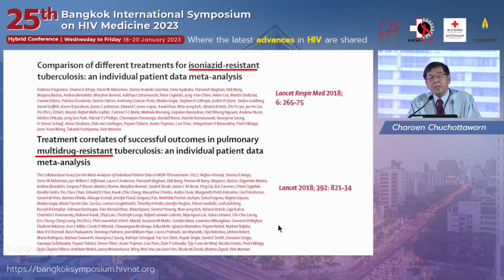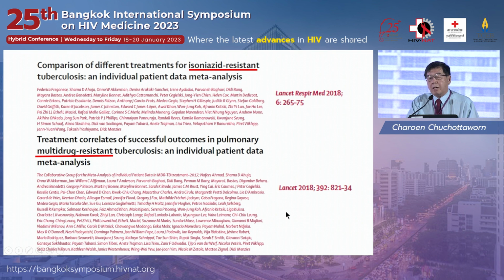And in 2018, 2 studies using the individual patient database, isoniazid-resistant, I think about 9,000 cases, and MDR, about 12,000 cases.